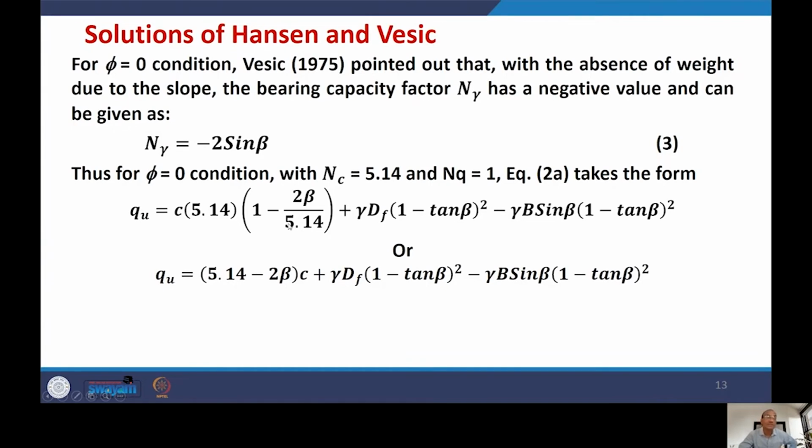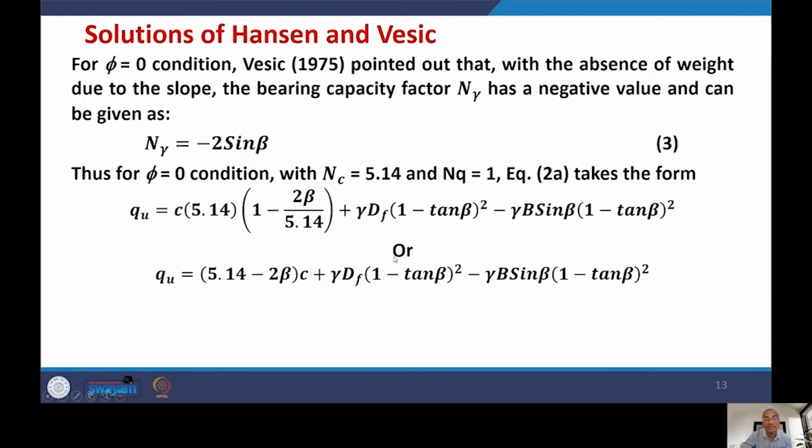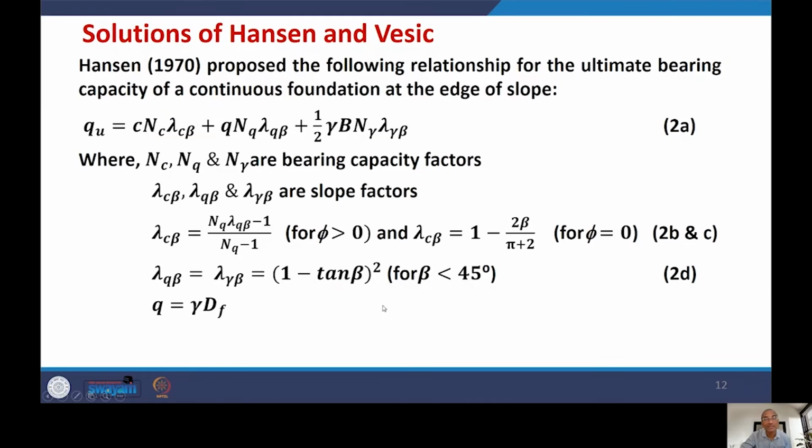Okay, so this is the case for c Nc. Then you have q Nq lambda q beta, where lambda q beta is given here, 1 minus tan beta squared, and q is gamma Df. So you have gamma Df times 1 minus tan beta squared, and Nq is 1.